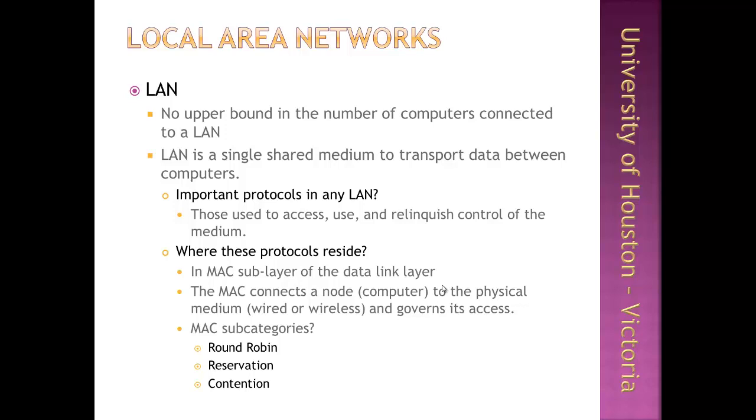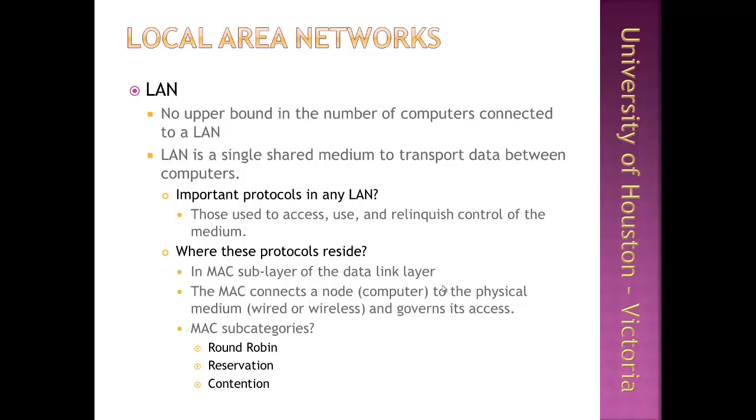These protocols typically reside in your medium access control layer, or sub-layer, of your data link layer in the OSI architecture. The data link layer is logically divided into the two sub-layers that we talked about earlier, the medium access control and the logical link control. The MAC, or the medium access control, is the lower sub-layer and is responsible for assembling frames of data at the source and disassembling them at the destination.